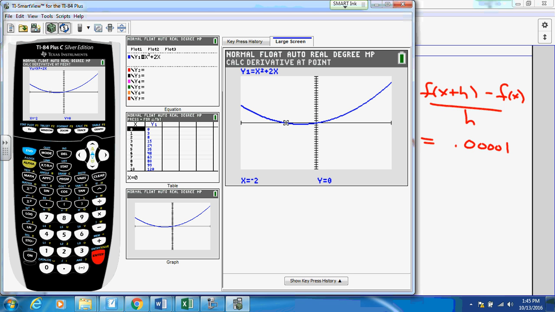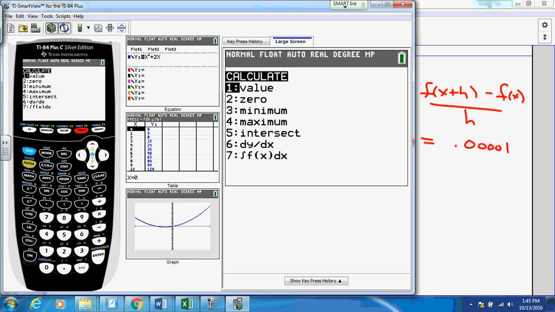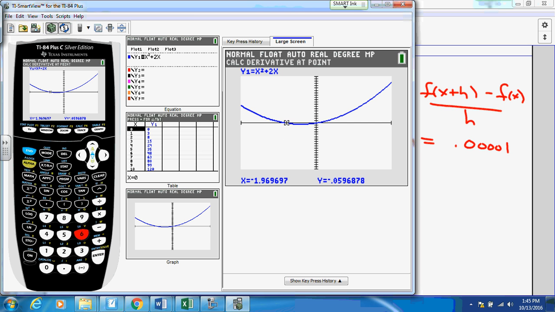What's it doing? Second calc, dy dx at x equals negative 2. There we go. I just did something wrong, I guess. And it says right there, dy dx equals negative 2.